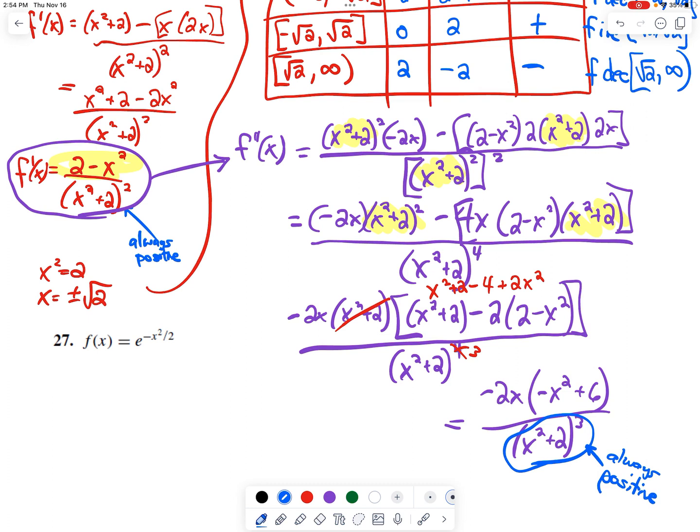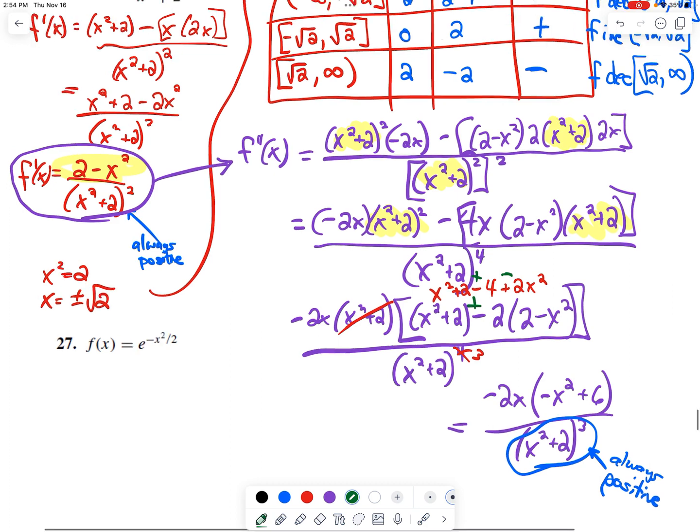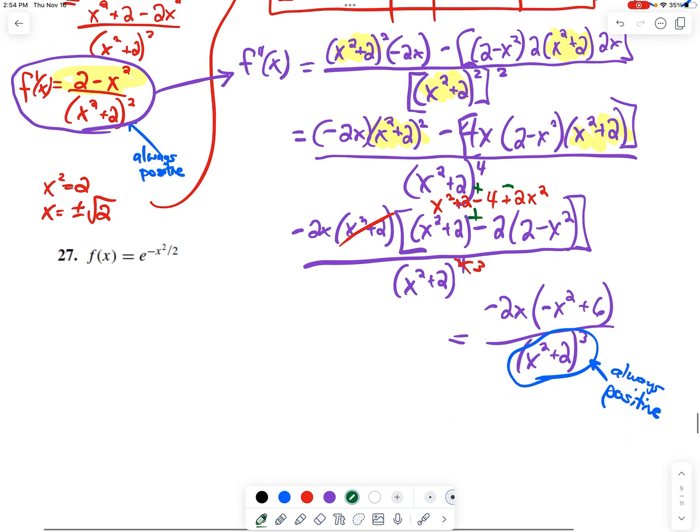I think this is supposed to be a plus eventually. That's going to be a plus 2 times 2 minus x squared, which is going to be a minus 2x squared, and that's going to be a plus 4. So I think that's where I get the negative x squared plus 6. I'm sorry, school is ending. I got to keep going.